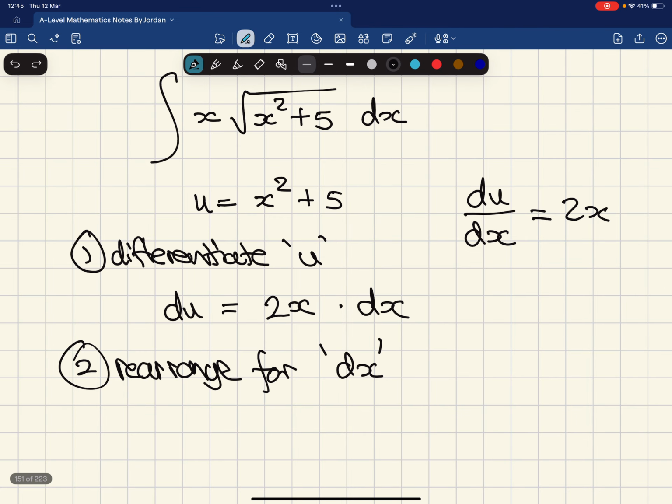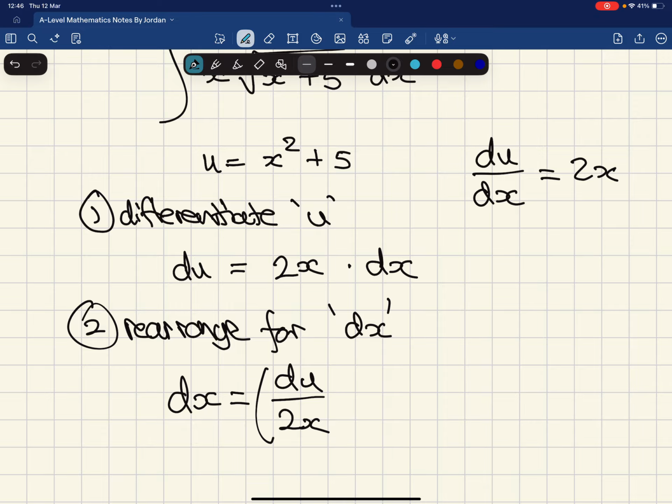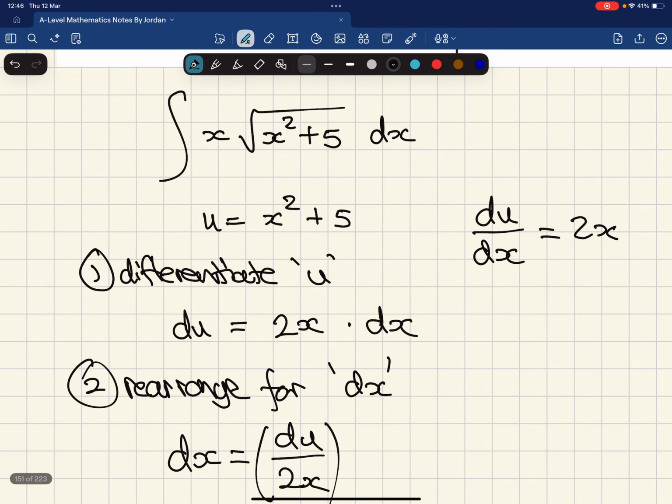Okay, so if I use what I have here, you have 2x times dx on the right side. If I want dx on its own, I'm just going to divide left and right by 2x. So that gives me dx equals du over 2x. And you can see then I have a substitution for dx.